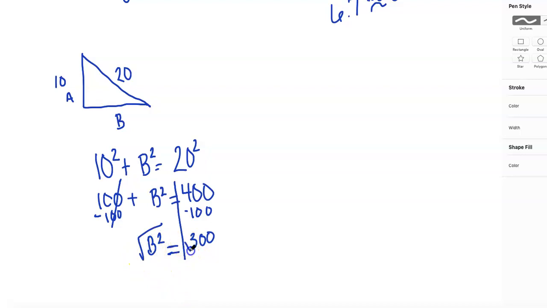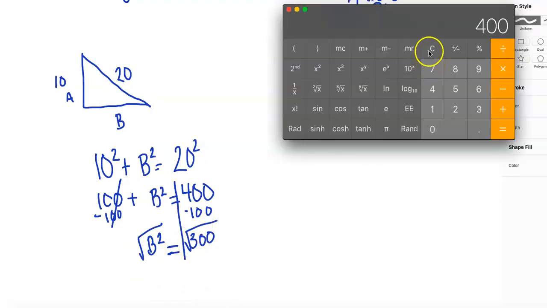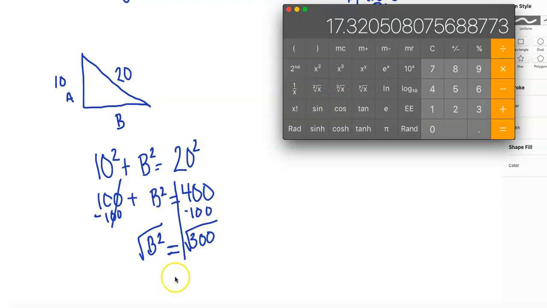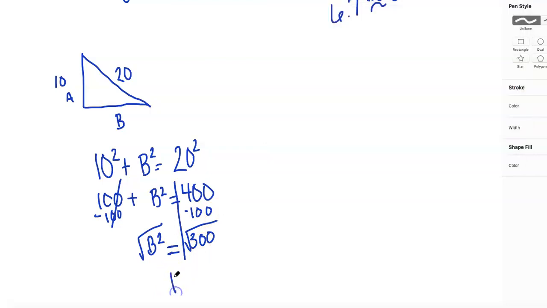Take the square root of both sides. Again, get your calculator out, type in 300, hit your square root, and you're going to have B is approximately 17.3. Not equal, approximate, because we had to round it.